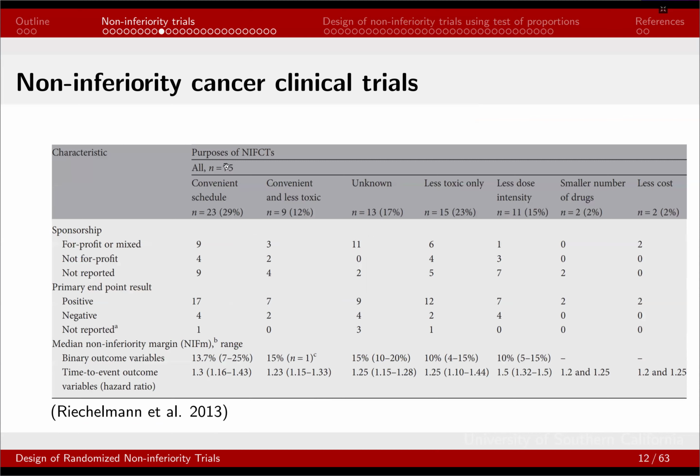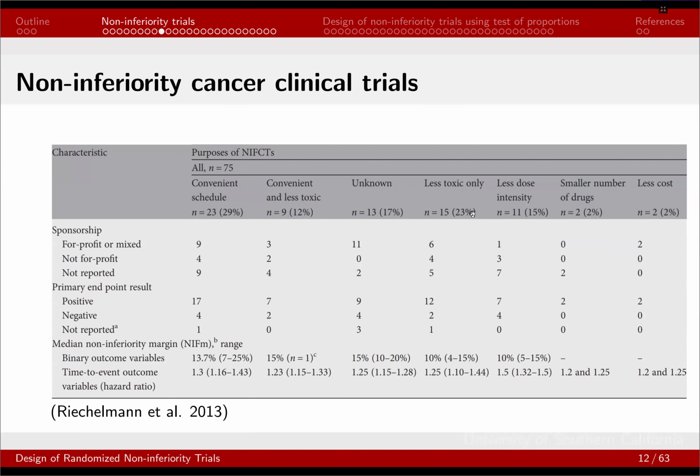With those 75 trials, the authors described the purposes of non-inferiority trials. They reported that 29% of the trials evaluated a treatment that has a convenient schedule. 12% evaluated a treatment that's both convenient to administer and also has fewer side effects.